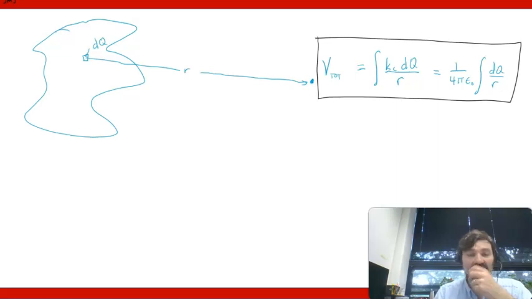So in some ways it's like, hey, we're done. But it gets a little more complicated in as much as the dq here, the differential element of charge, may be a function of distance r. It may be that both of these things are a function of some other variable, and so casting everything into a common set of variables is the hard part.